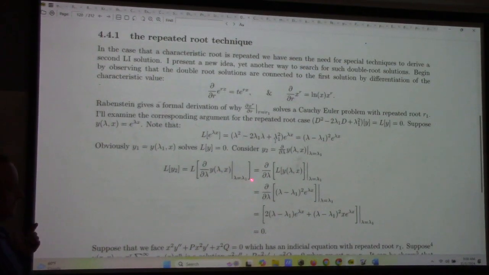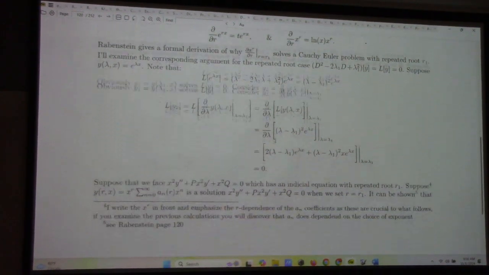This is a sort of derivation of why that partial differentiation by the parameter works for both problems. It's not an accident, it's a general feature for such differential equations.